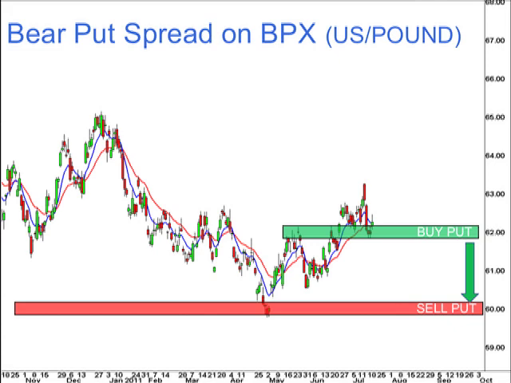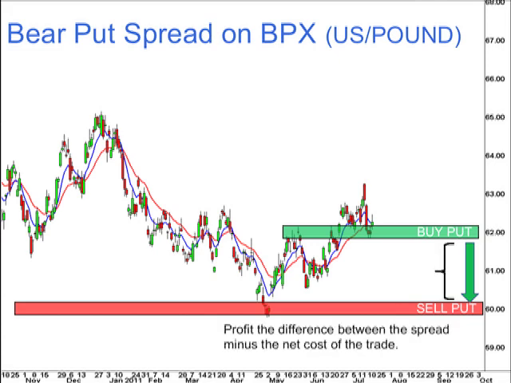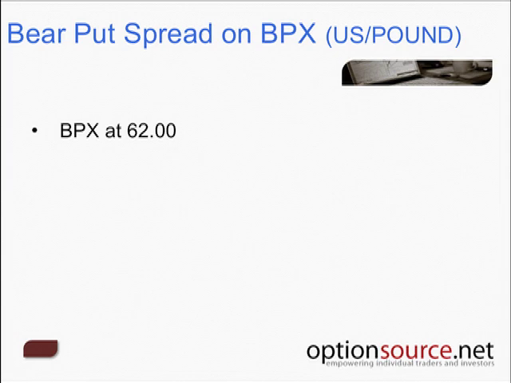So why not sell off those puts to somebody else, and I can make some money as those options expire, but at the same time be able to generate some cash flow or a profit, equating to the difference between the purchase strike of the put minus the sell strike of that short put down at that 60 level. Okay, so again, the profit is the difference between the spread minus the net cost of the trade.